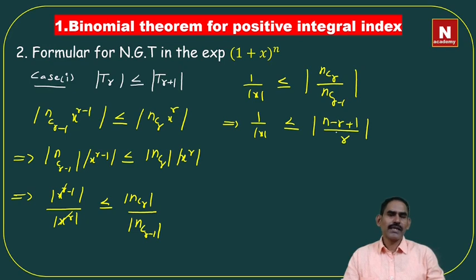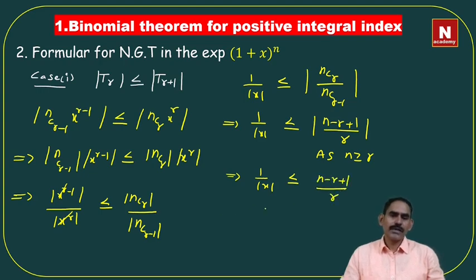As n is greater than or equal to r, this value is a positive quantity, therefore the modulus value is again positive. So 1 by modulus of x is less than or equal to (n minus r plus 1) by r. This implies 1 by modulus of x is less than or equal to, here join n and 1 first, (n plus 1 minus r) by r. After that, split the numerator.